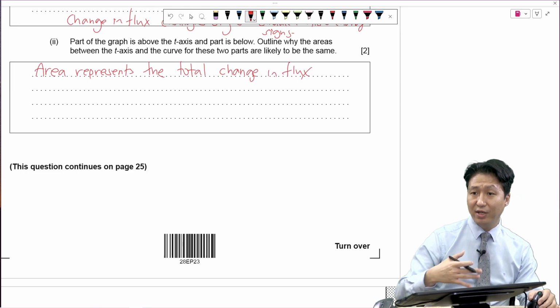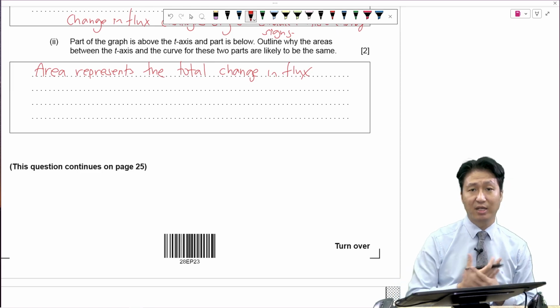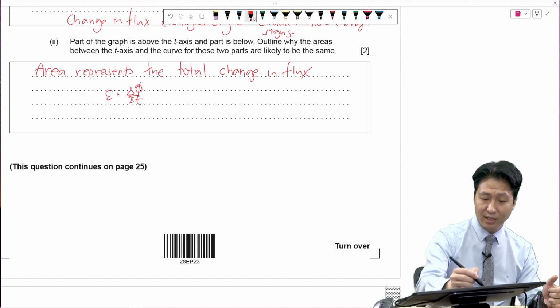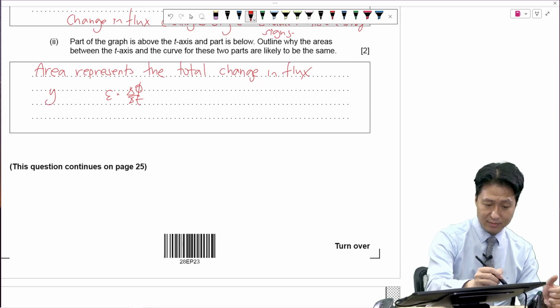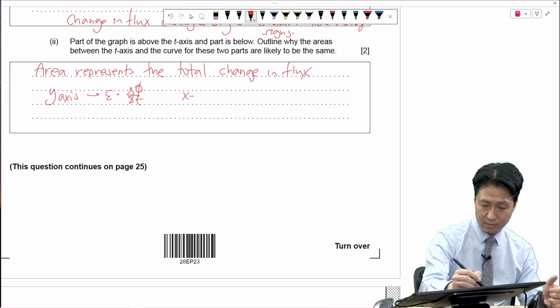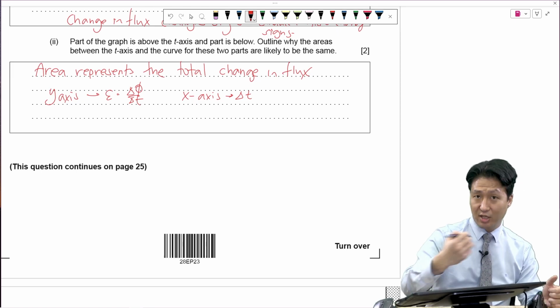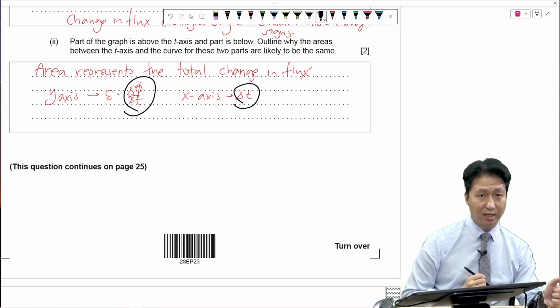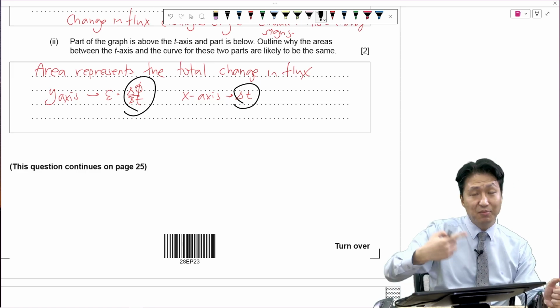Well, recall that area is akin to multiplication if you're thinking of an equation. So if the y-axis is the EMF, which is the rate of change of flux, and the x-axis is time, the area is multiplication. Imagine what will happen if you multiply time and the change of flux over the change in time. You just simply get the change in flux.